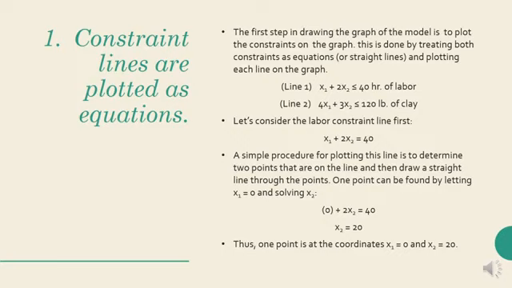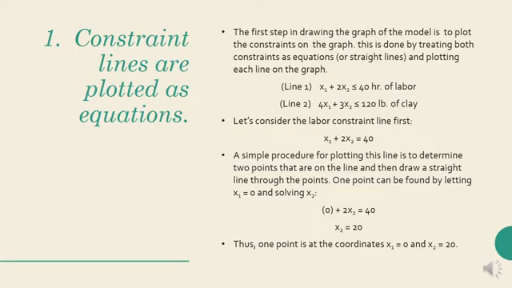One point can be found by letting x1 is equal to 0 and solving x2. So, sa pagkuha ng line, okay, line 1 muna, yung x1, ilagay mo muna siya as 0. Okay? Para makuha natin yung x2. Okay, so tatandaan yun.